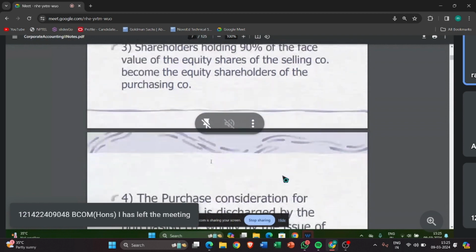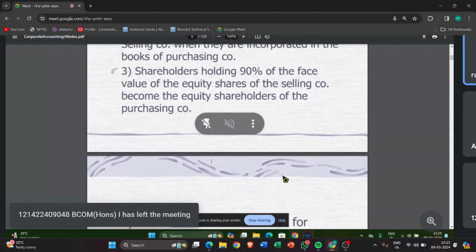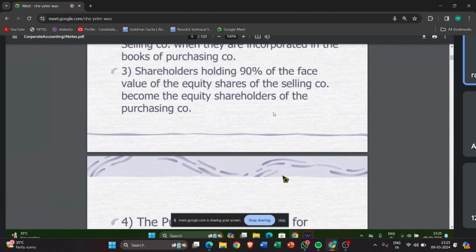Then the third condition is that shareholders holding 90% of the face value of equity shares of the transferor companies will become the equity shareholders of the new company, that is the purchasing company. So if more than 90% of the shareholders agree that yes, we will go for merger, then it is a merger.